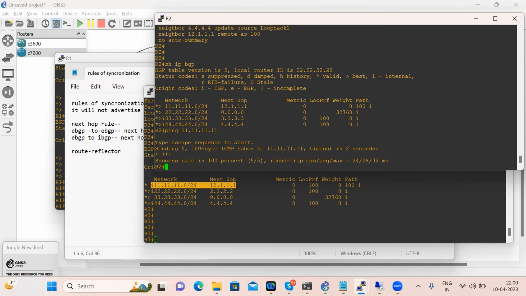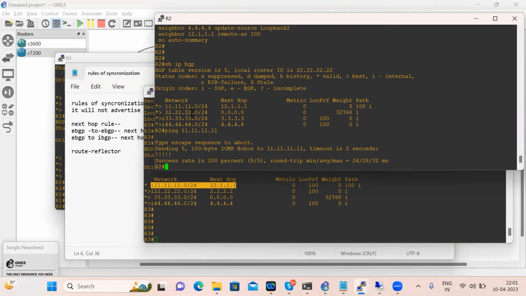Why? Because router 3 says, I am not directly able to reach 12.1.1.1. So how would you be able to reach the 11.0 subnet using 12.1.1.1 as the next hop IP?